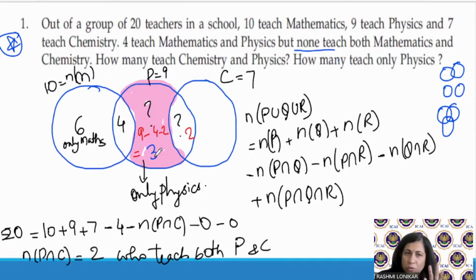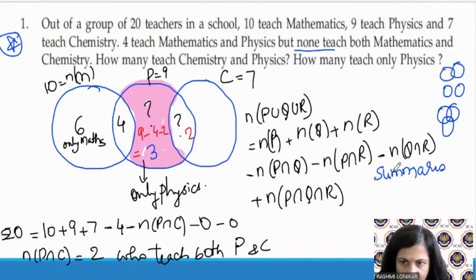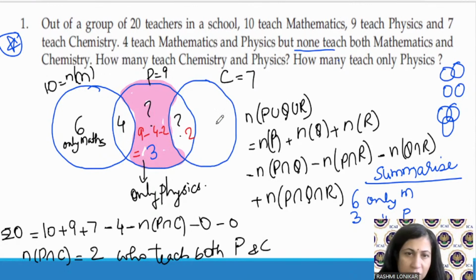You will have out of 20 teachers, I will just summarize it over here so that anytime you get this, you know. So what does it mean? 6 teachers, only maths. 3 teachers, only physics. And this is 5.